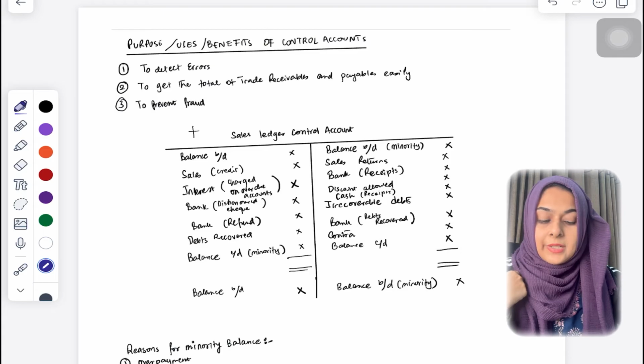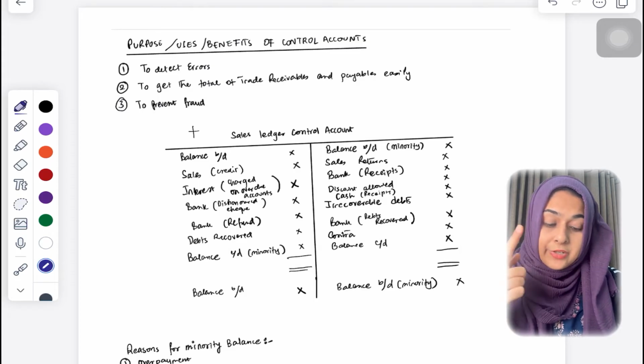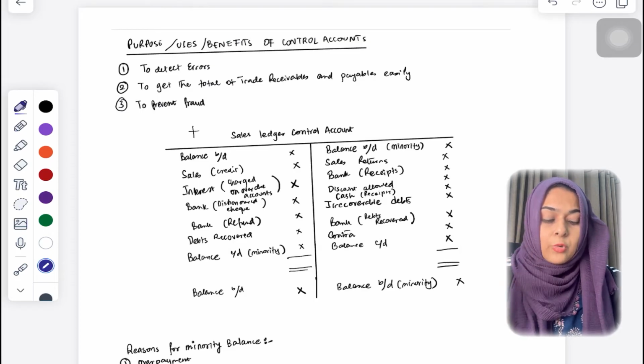What is important here are the purpose, uses and benefits of control accounts. It helps detect errors in their respective ledgers. Also, you get the total of trade payables and trade receivables very easily, and it helps to prevent fraud, because one accountant is preparing the sales ledger and the other accountant is preparing the sales ledger control account.